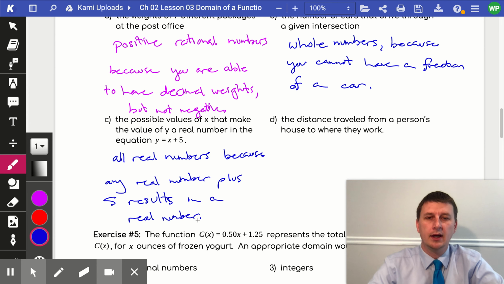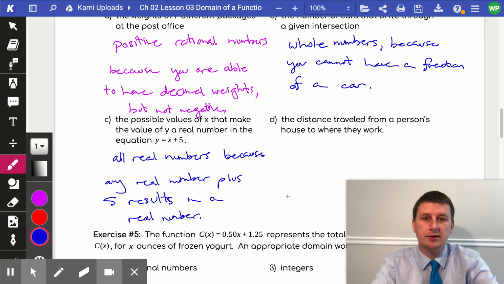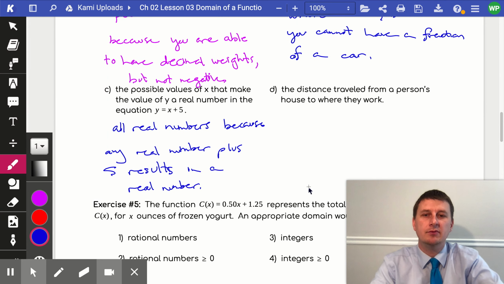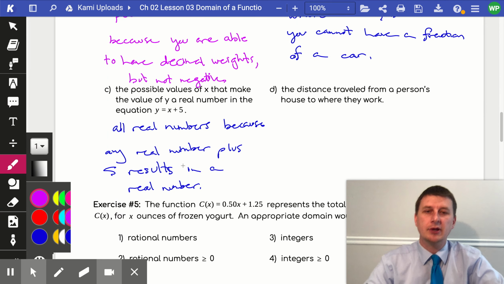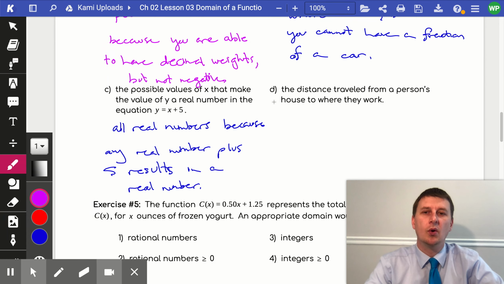Okay. In the last part of this exercise, it says, part D, the distance traveled from a person's house to where they work. So it's asking you, how can you measure distance? Do you measure distance in real numbers, in positive rational numbers, or in whole numbers? If you were thinking positive rational numbers, you are correct.